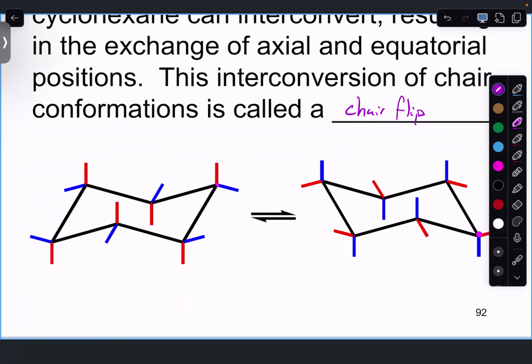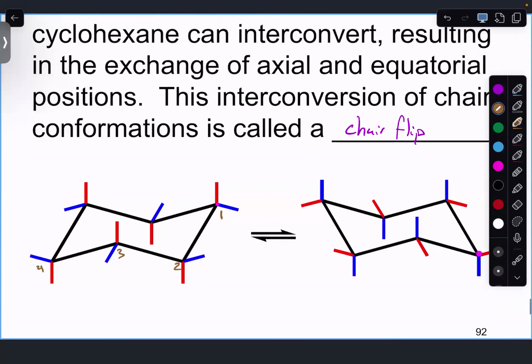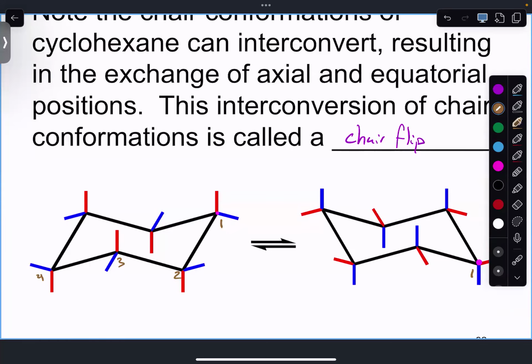Now, I want you to notice what's happening to the substituents. In the left-hand chair, look at the head. Actually, let me go ahead and number these carbons just to give us some perspective. 1, 2, 3, 4. And I'll number the other one in the same way. 1, 2, 3, 4.